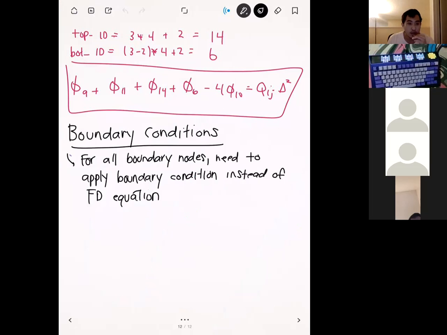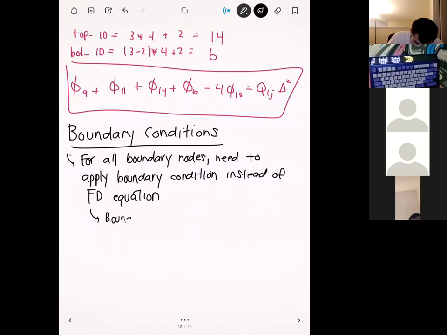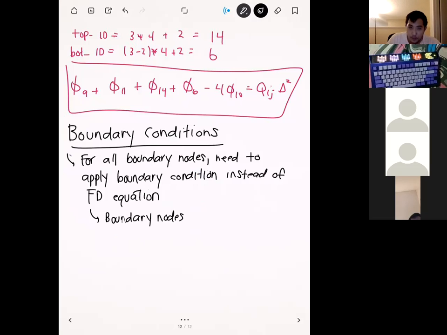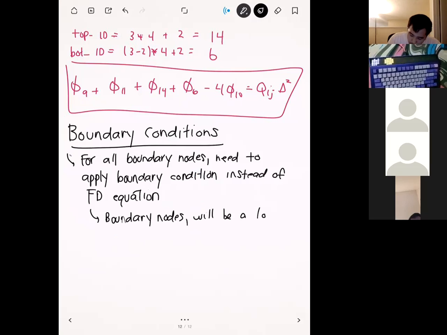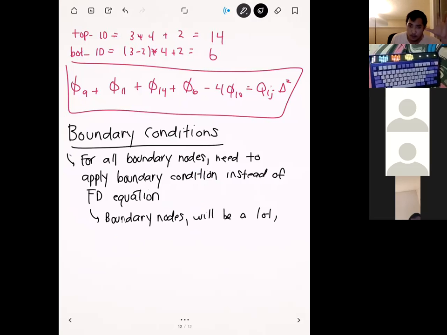The boundary nodes are actually going to be scattered all throughout the system. There's probably going to be a lot of them, and they're going to be scattered through all the different rows in our linear system.